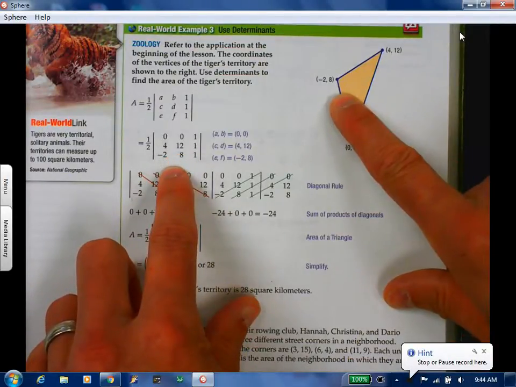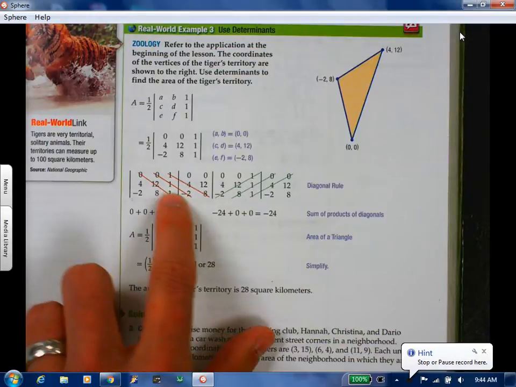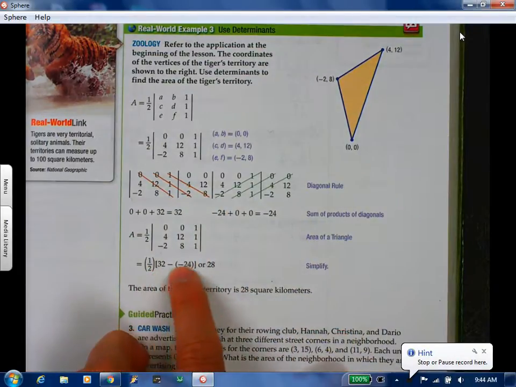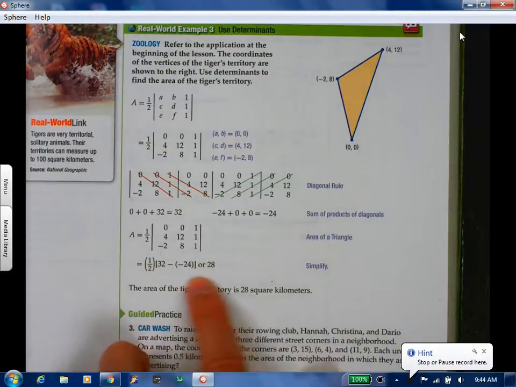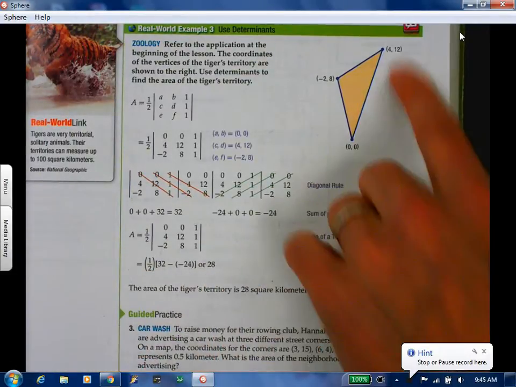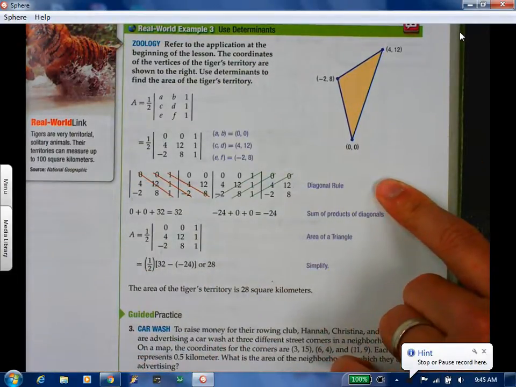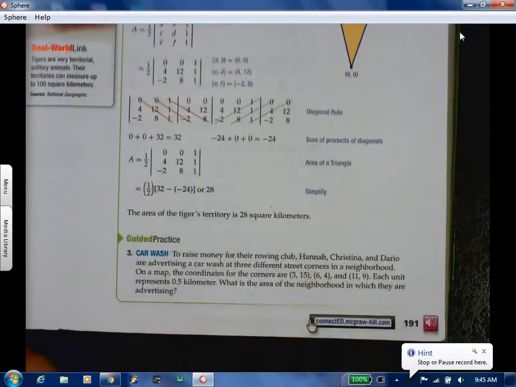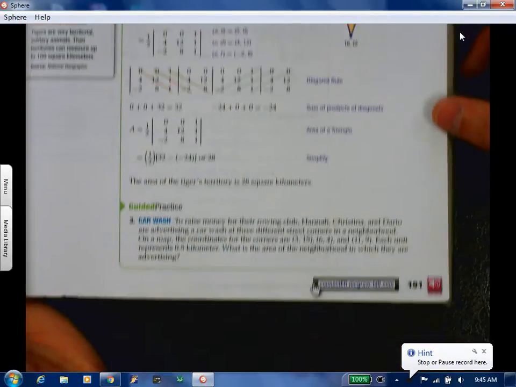The 1's, they did the diagonals. Found the value of the determinant. Took it times a half, and that's the area of this triangle. Okay? So the first thing, let's get this formula set up looking at number 3.